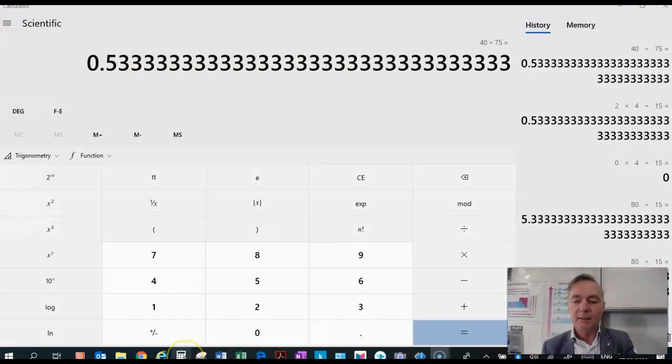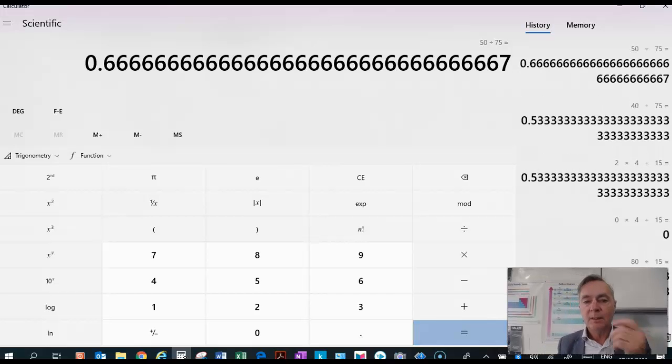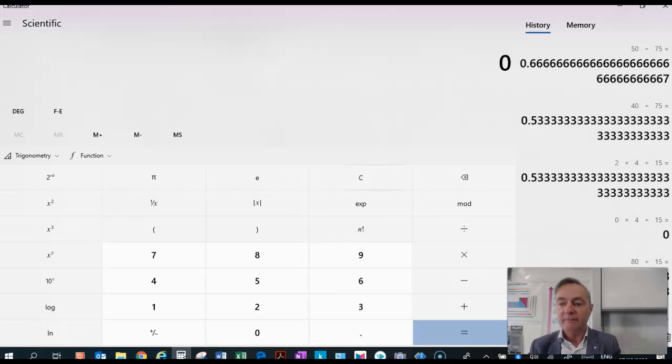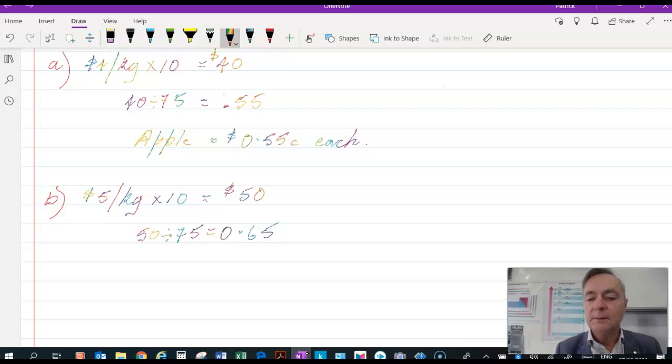Again, let's go to our calculator, clear that. So we've got 50 divided by 75. So 66.6, the nearest 5 cents will be 65. $0.65.